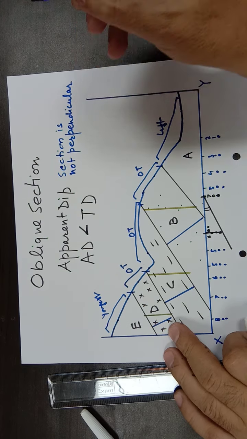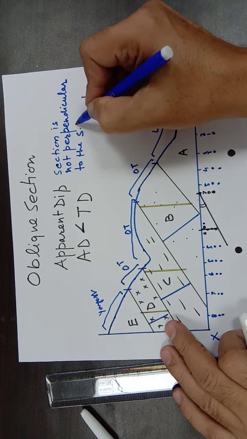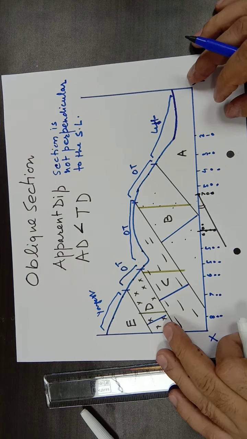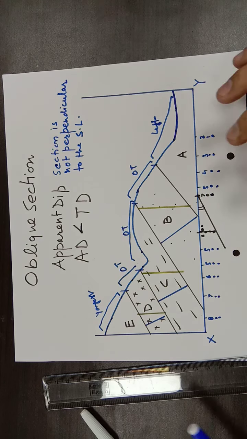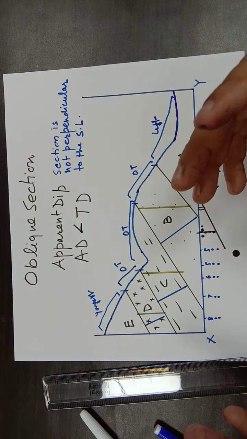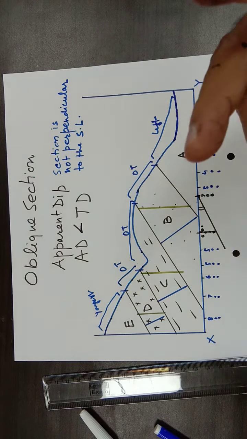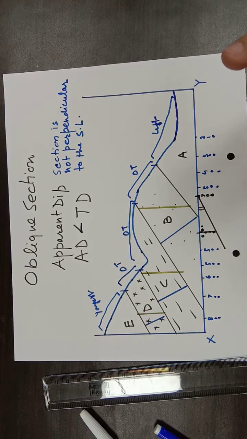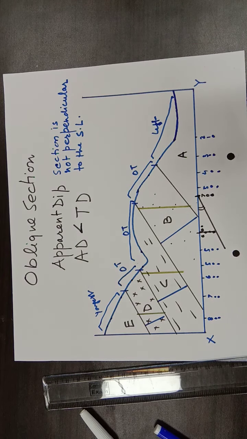It was oblique to the strike line. I have given you a very simple exercise again. If you take some other sections, you may find some level of difficulty, but ultimately we have to solve it, whatever the difficulty level.